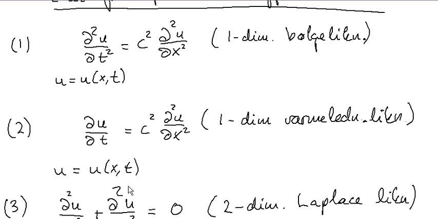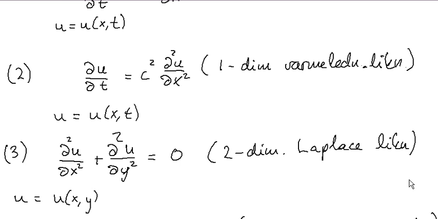So this is the one-dimensional heat equation, and the variable u is, as in the above example, dependent on x and t.